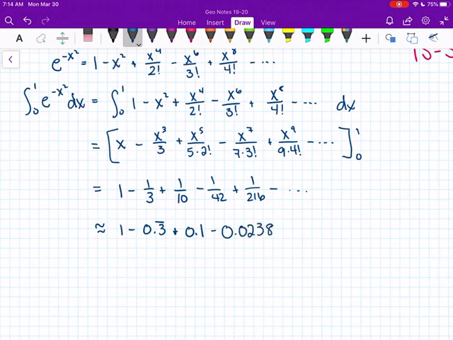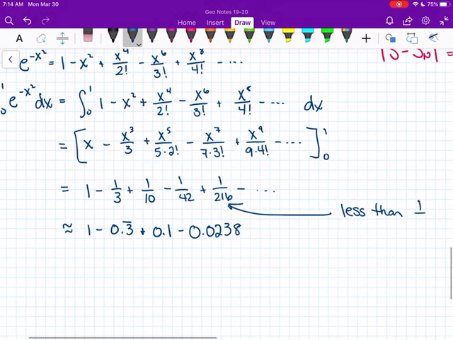We're still not less than 100th yet, but 1/216 is less than 100th. Okay, so this is less than 100th, which is nice. So that's going to be my error.